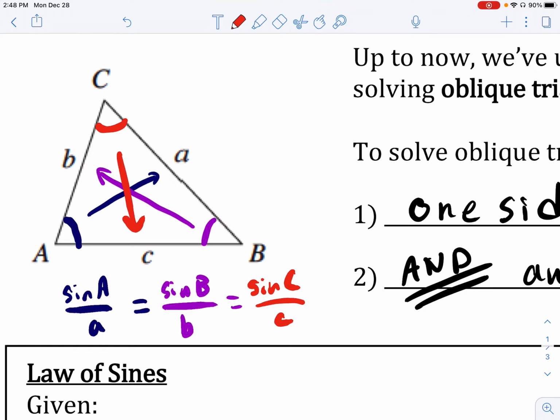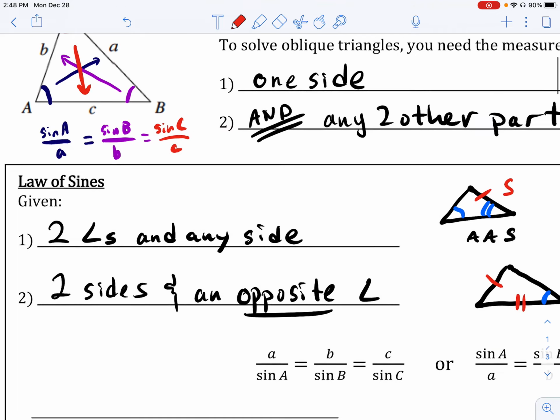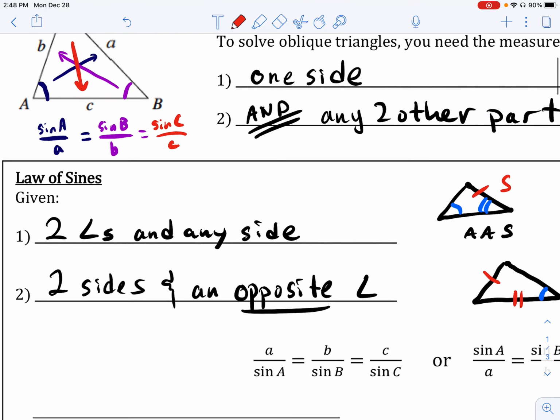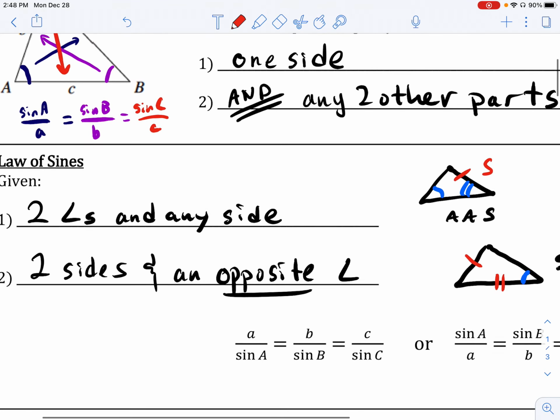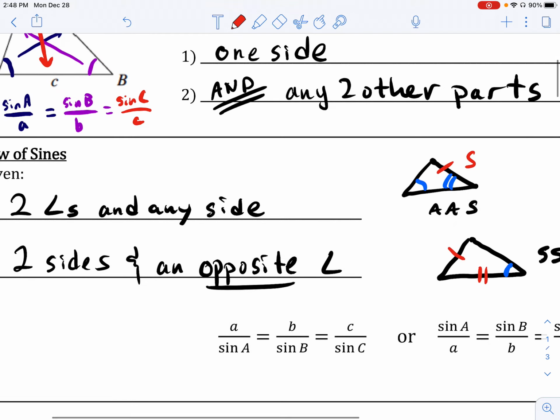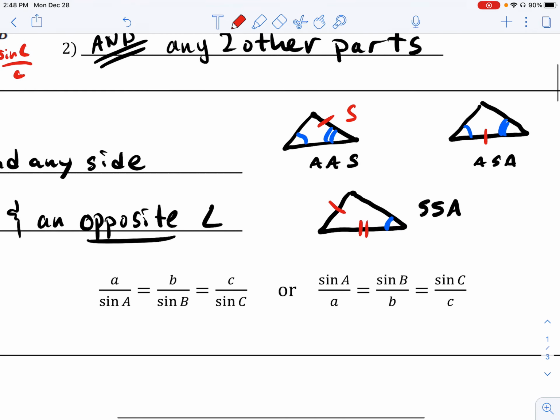So the law of sines says we can leverage that bit of information to solve for any other sides or angles that we don't know, provided that we are given an AAS, an ASA, or an SSA case. Now you'll notice that I've written the law of sines in two different ways here, and this part really isn't that important, but whenever we have the sides in the numerator, that just means we're solving for sides.